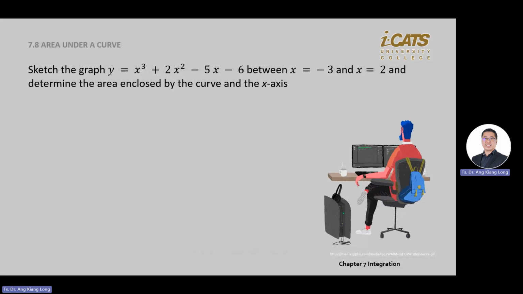I draw something on the whiteboard. No matter the shape, on the y-axis, you need to find the intersection. At this intersection, your x equals 0. Right, this point, x equals 0. This point is what? y equals 0. This point also y equals 0. This point also y equals 0.